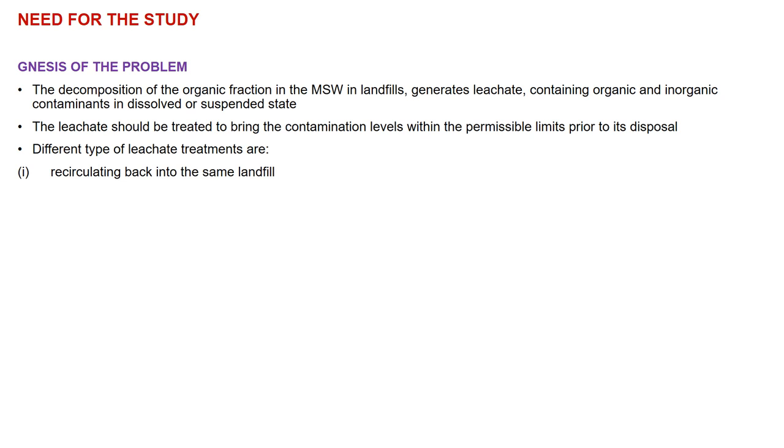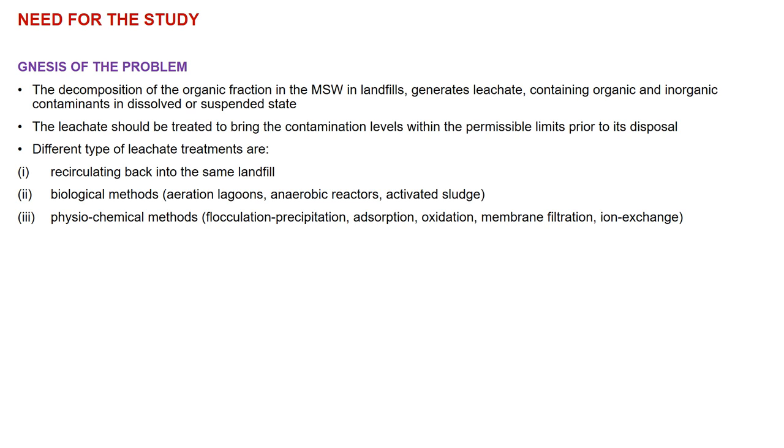Recirculating back the leachate into the same landfill, which is followed in bioreactor landfills, biological methods using aerated lagoons, anaerobic reactors, or by employing activated sludge, which is rich in microbial consortium and makes the reduction of organic and inorganic contaminants in MSW leachates possible.